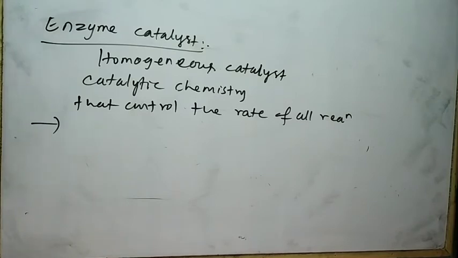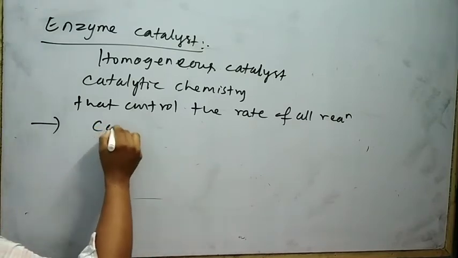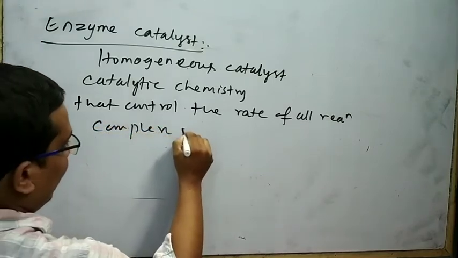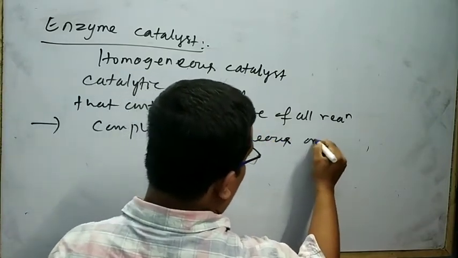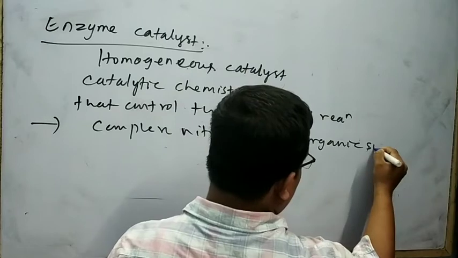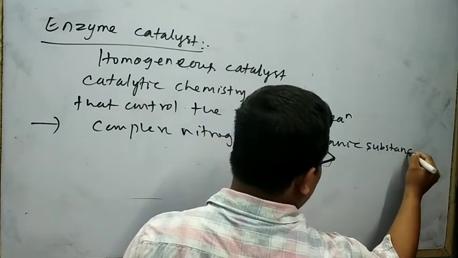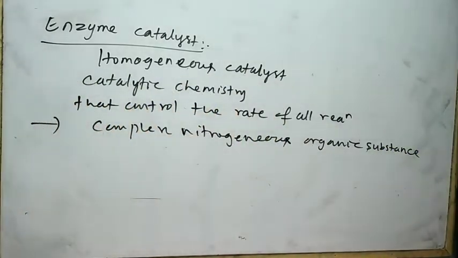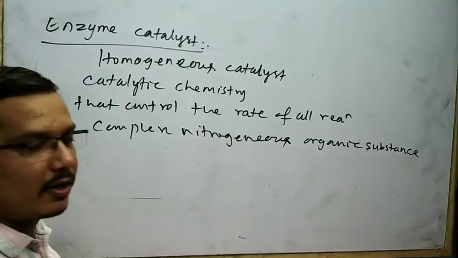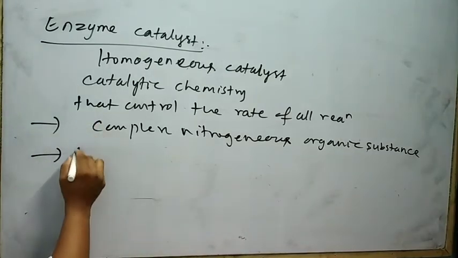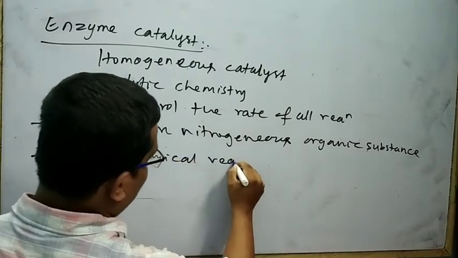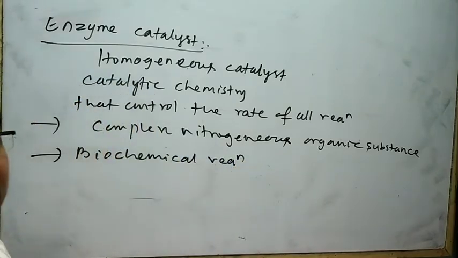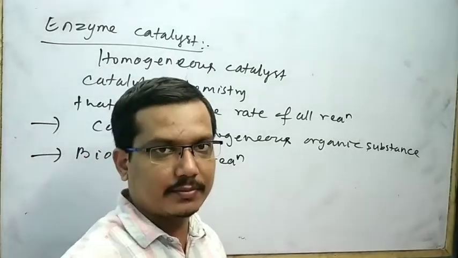Enzyme catalysts are complex nitrogenous organic substances which are generally produced in the living plant and animal. All the biochemical reactions are generally enzyme catalysis reactions.